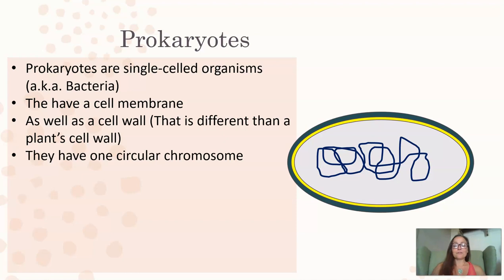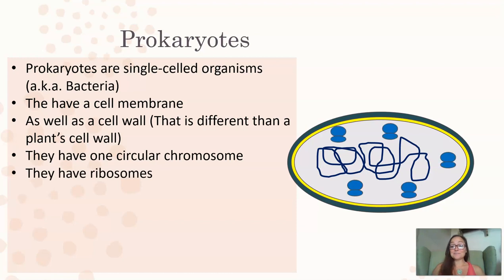Now, this is not really focusing too much on the genetic aspect, but I should also mention that in eukaryotes, we have introns and exons in our genes, and our DNA is wrapped around histone proteins to help it be organized. That does not exist in prokaryotes. Okay. And then they have ribosomes. Eukaryotes have ribosomes, prokaryotes have ribosomes.